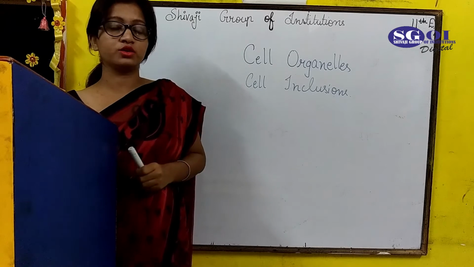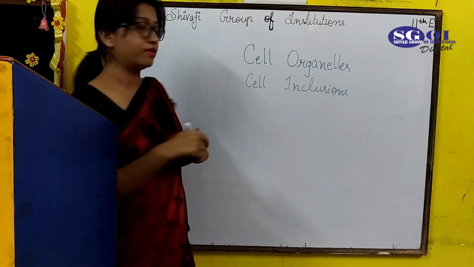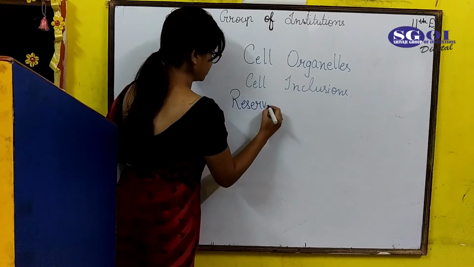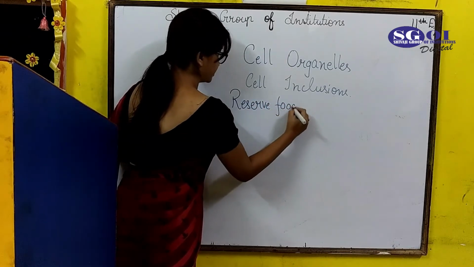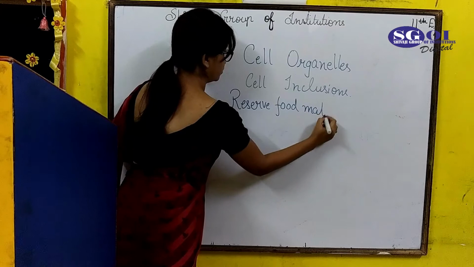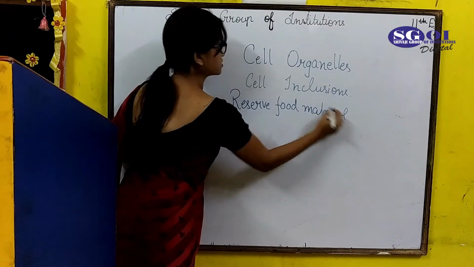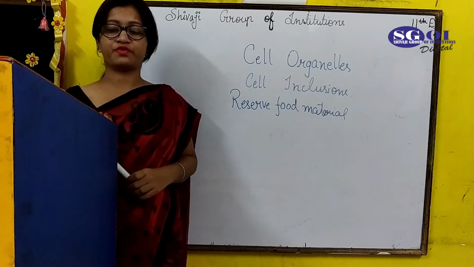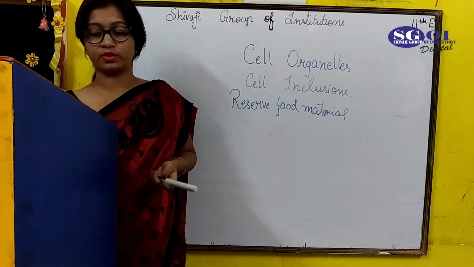These cell inclusions involve three types. The first category is reserve food material, which includes carbohydrates, fats, oils, and nitrogenous matter.